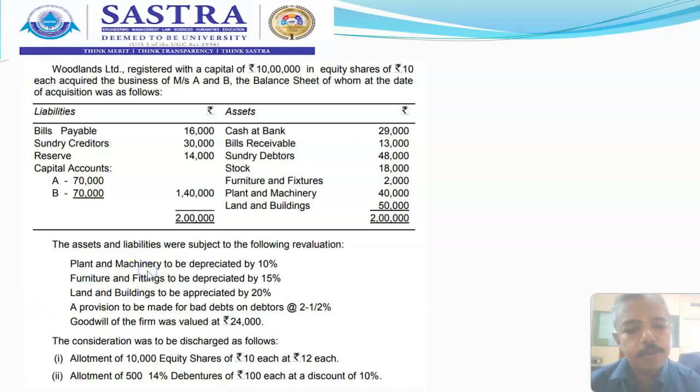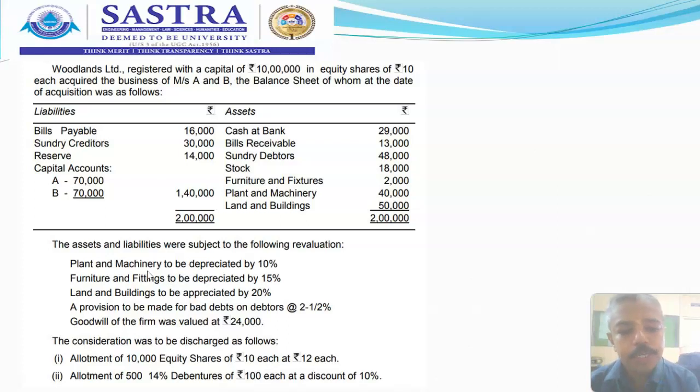Now the most important thing is the capital of rupees 10 lakhs, which is stated in the first line of the sum, which means it is Woodlands Limited registered with a capital of rupees 10 lakhs in equity shares of rupees 10 each, which has been formed for the business of Messrs A and B and Co. So this has to be marked for our calculations and for preparing the balance sheet at last.